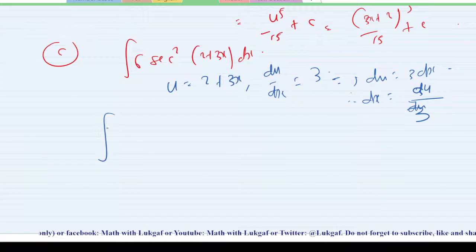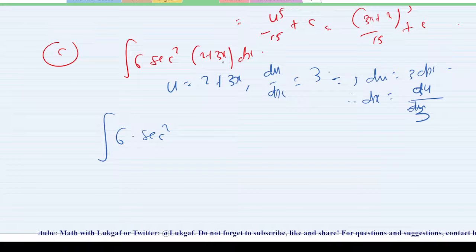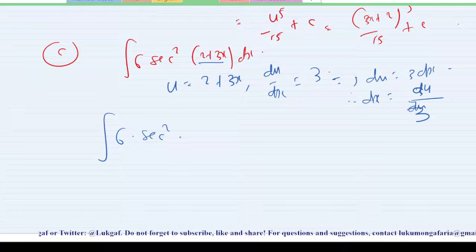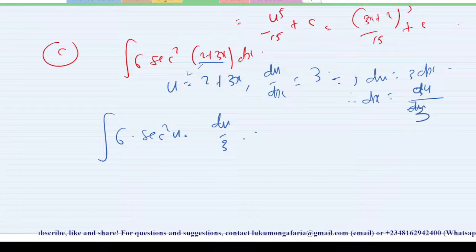So if you come back here, then I'm going to have integral 6 sec squared. You know 2 plus 3x, we made it to be u, right? And dx is what? du divided by 3.